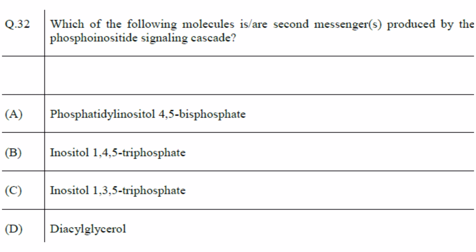Then next one. Which of the following molecules is or are second messengers produced by the phosphoinositide signaling cascade? The phosphoinositide signaling cascade involves phospholipase C activation, and this phospholipase C will cleave phosphatidyl inositol 4,5 biphosphate, that is PIP2, to two messengers, that is inositol 1,4,5 triphosphate and diacyl glycerol.